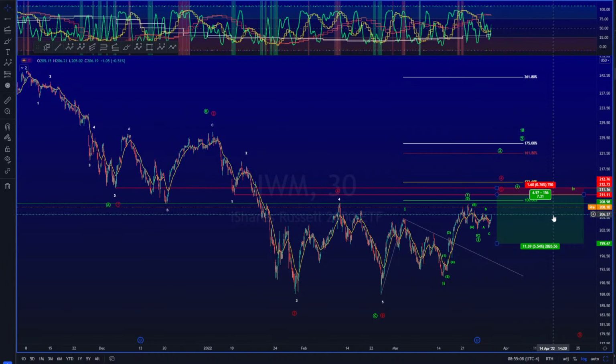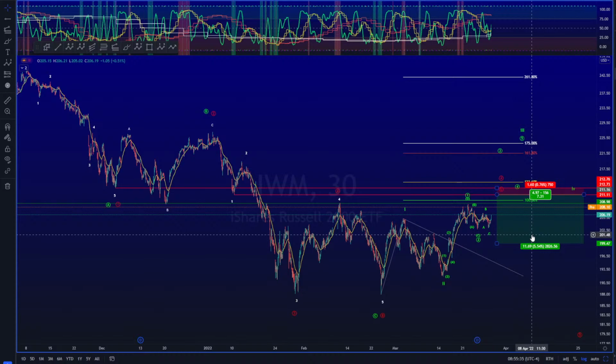You're talking about less than 1% of a risk on a hedge trade here for a potential 5.54%. Now, if you find a leveraged asset for IWM, let's say it's a 3x bear asset, you're really only talking about a 2.4% loss for the potential of a 15 to 17% gain. That's really not that bad in the grand scheme of things. So that may be something that I am interested in taking as a hedge.